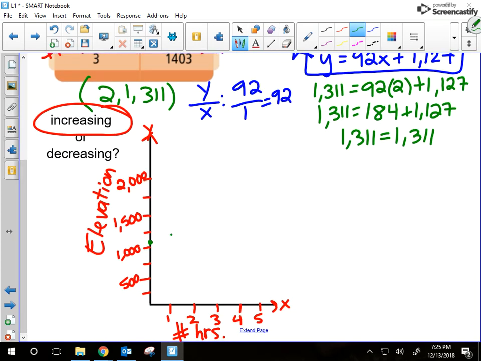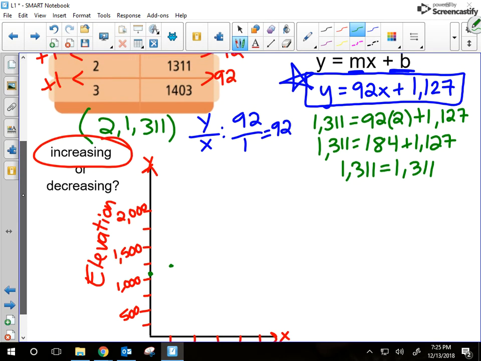That's going to be a little bit closer to that hash mark for 1,250. After 2 hours, now we're up to 1,311. So we want to be above that, right about here. And after 3 hours, we're all the way up to 1,403, just a little bit below that 1,500.